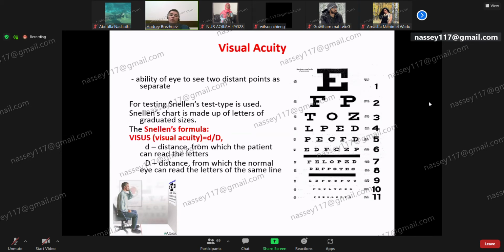But if the patient is at a fixed distance, for example, 5 meters, your task is just to check different lines until the moment when the patient says, no, I can't see the next line. And according to the last line which the patient can read from the definite distance, you can make a conclusion about the patient's visual acuity.